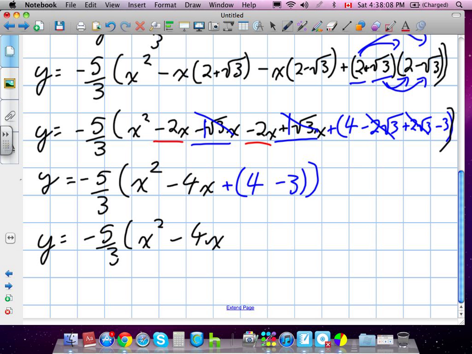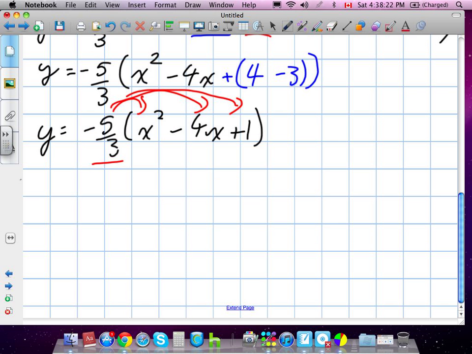x squared minus 4x plus 1. But we're technically still not in standard form. I need to distribute, finally, negative 5 into all of these. Y equals negative 5 over 3 x squared.